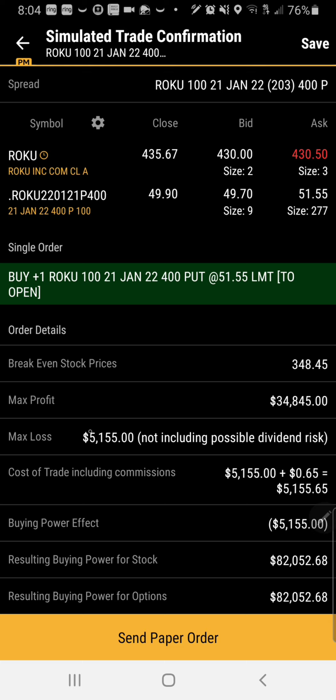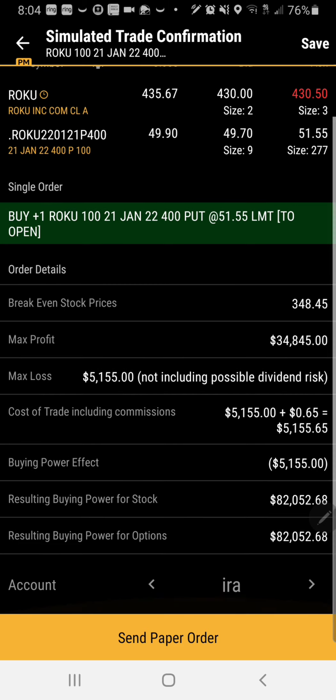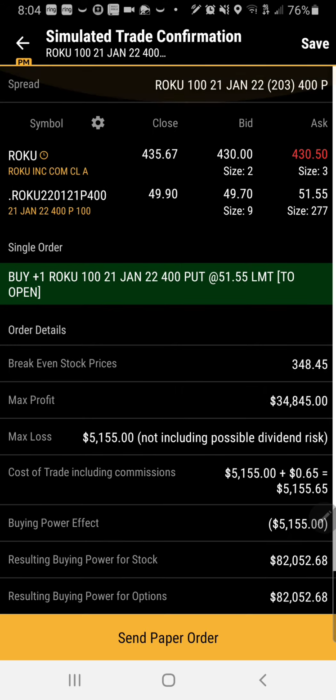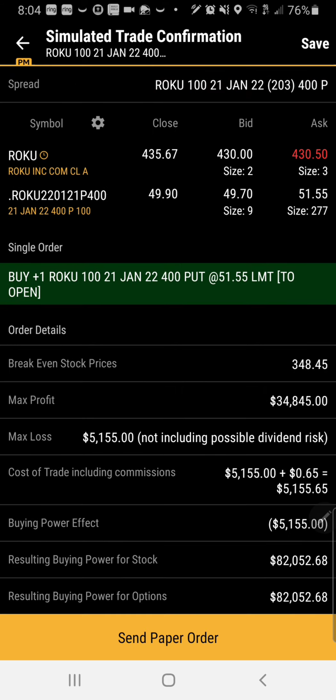So 40,000 minus 5,155 will give you this number here, $34,845. And you can see the buying power effect, because remember, this is a debit. You're buying something, that's how you end up with the maximum loss of what you paid for it. This is the most that you could lose. You could not lose any more than this. You could not make any more than this. That's the difference between a call and a put.